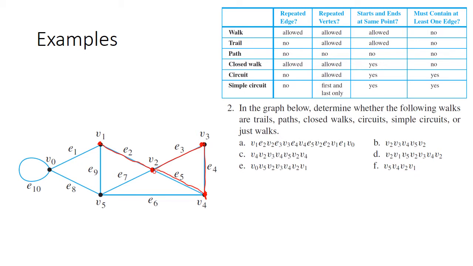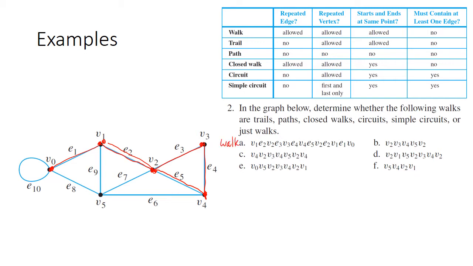Okay, so I've repeated a vertex here, V2, and then I'm going along E2 again up here to V1. So I'm back here, and then I'm going along E1 to V0. Okay, so you see that I did repeat an edge, and I repeated some vertices, and it also did not begin and end at the same point. So I believe that is just a walk.